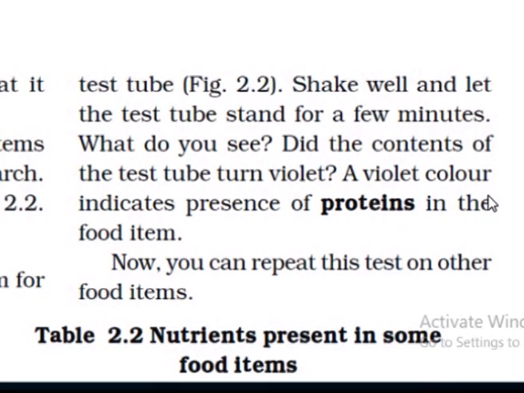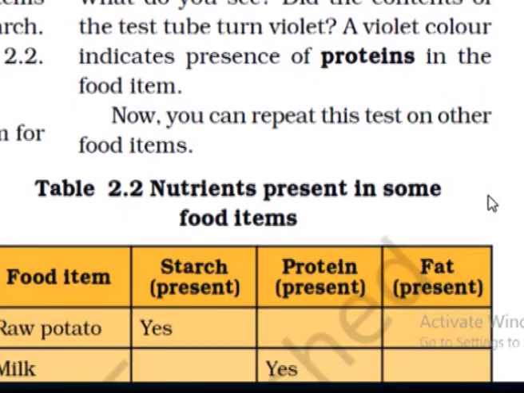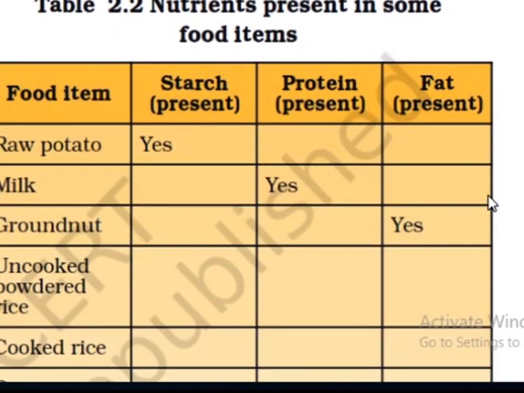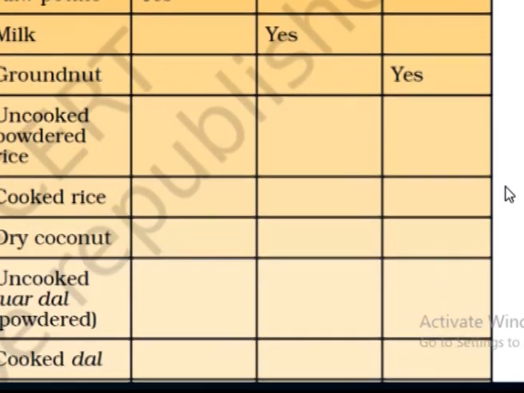Whatever your observation, children, you have to note it down in your table 2.2. Milk protein: when the drops of copper sulfate and caustic soda were added, the color changed to violet. So this shows the presence of protein.